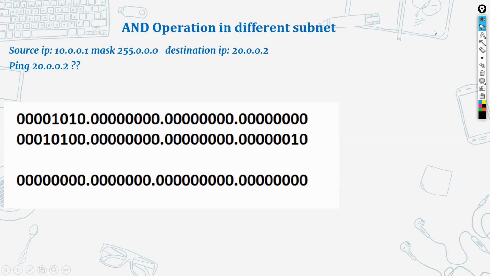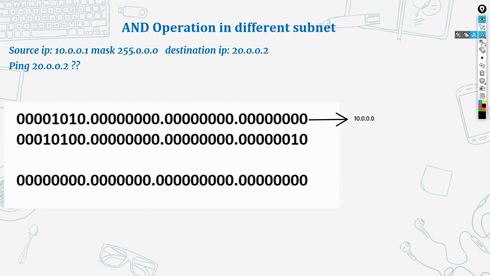I'm not going to do the AND operation for PC1 and the mask because we have already done it in the previous section. And we know that the result was 10.0.0.0, right?